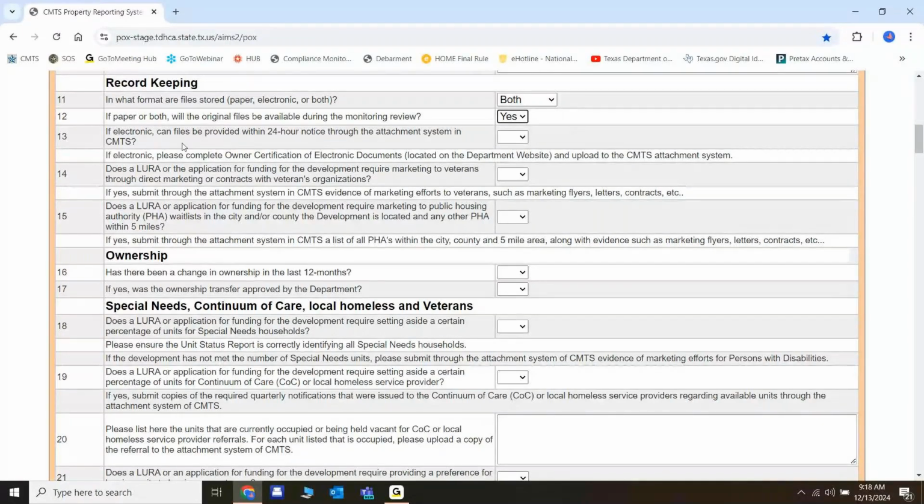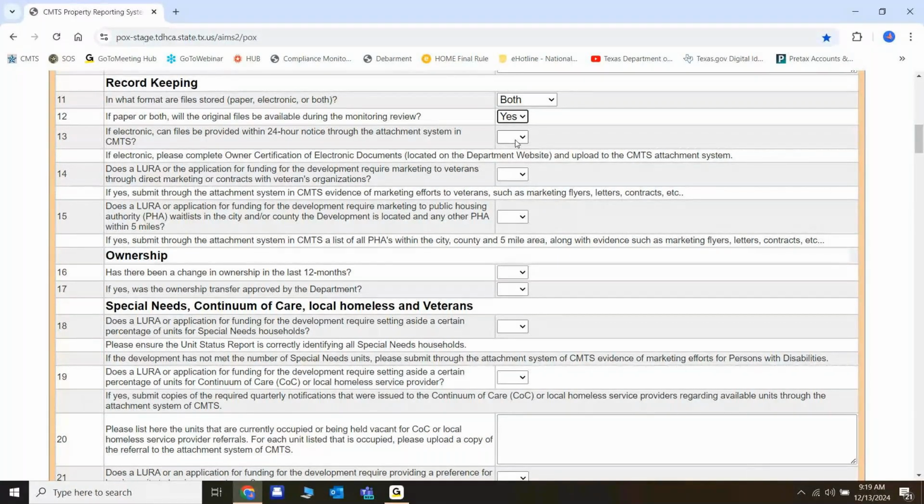If electronic, can you submit files within a 24-hour notice to the attachment system in CMTS? Some of these reviews, if you have moved your portfolio to all electronic, sometimes we have to look at 50 files. Can you upload 50 files electronically in 24 hours?